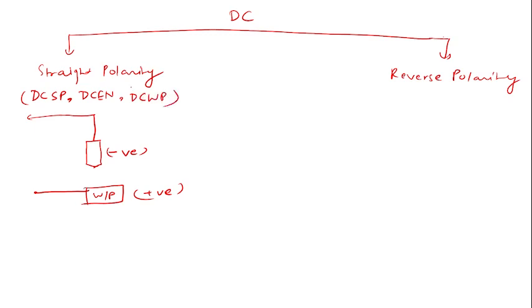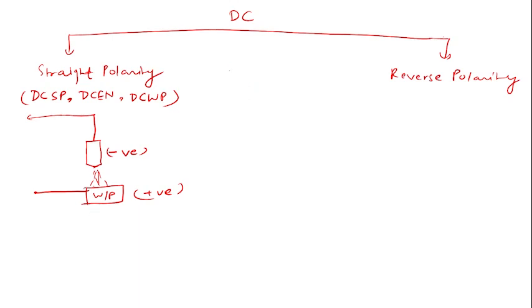So what you have to remember for the straight polarity is that your workpiece will be at the positive terminal. So now electrons will be moving towards your workpiece. And one more thing you should remember, it will be moving towards the positive, so more heat will be generated at your workpiece.